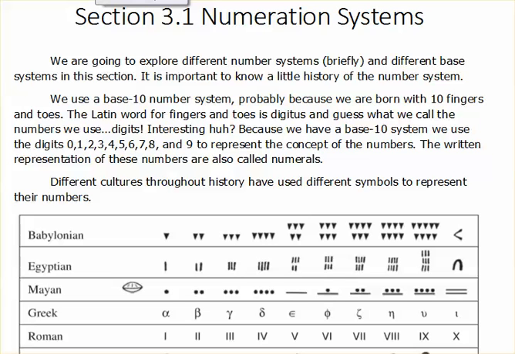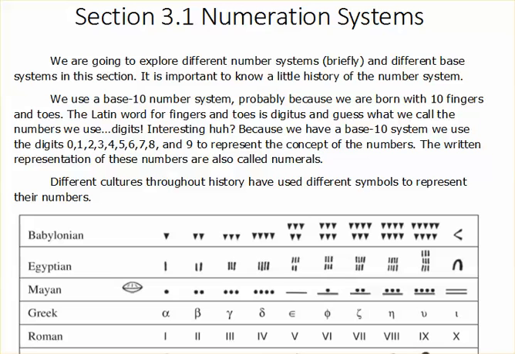Here we have section 3.1, which is talking about numeration systems. In this section, we're going to talk very briefly about some different numbers around the world in history, but we're going to really concentrate on different base systems, because if you really understand how the numbers work, then you'll be able to teach it better to young children.